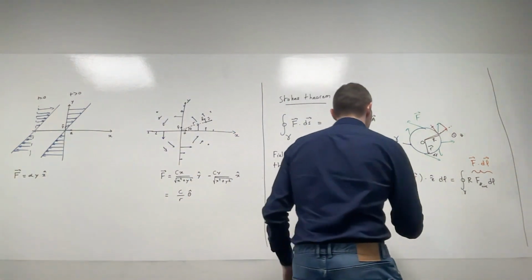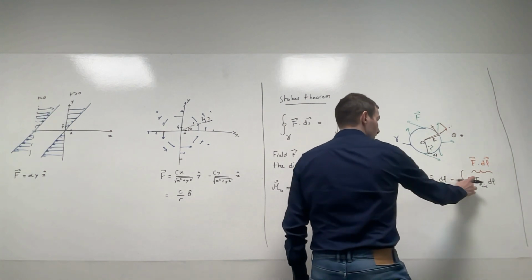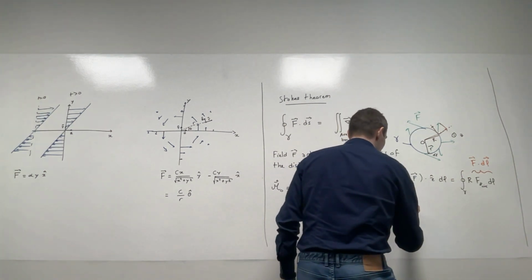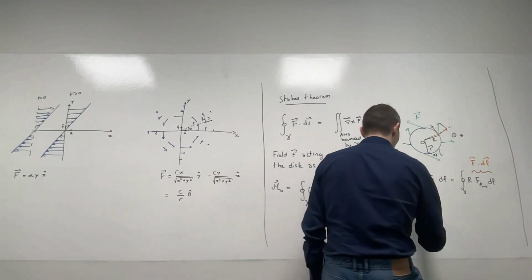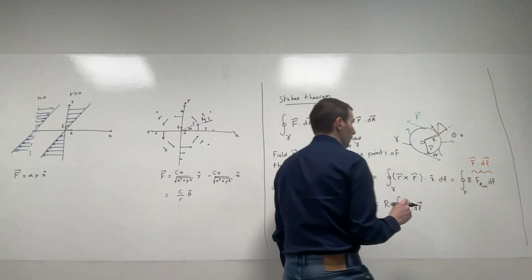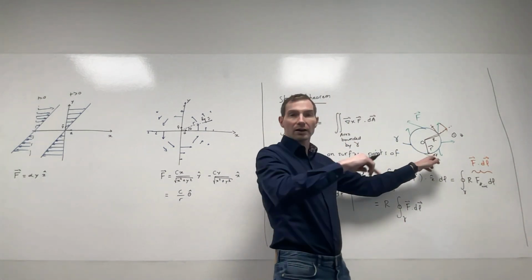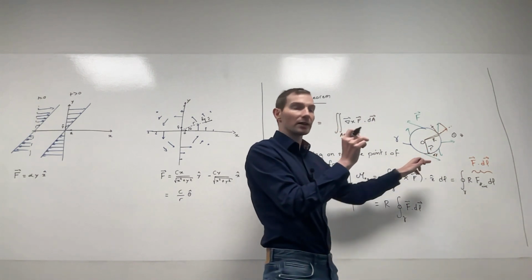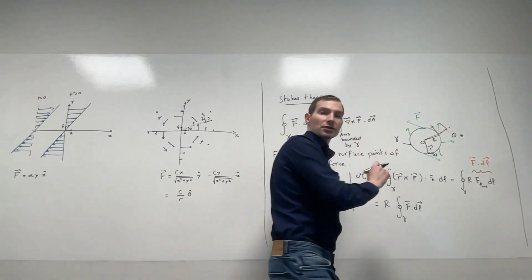And so if I write this like this, I can remove the r from the integral because r is unchanging. Then I've got r times the integral of f dot dl, where dl is a vector that has magnitude of the elementary arc length and direction along the circle.